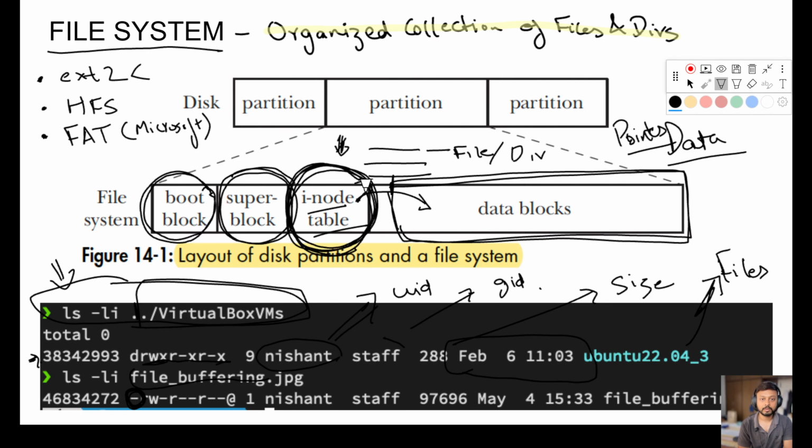It will also be important to note that such a technique of storing the pointers to the data block in the inode table allows us to store the file in non-contiguous blocks. Let's see the inode table and understand this in detail.